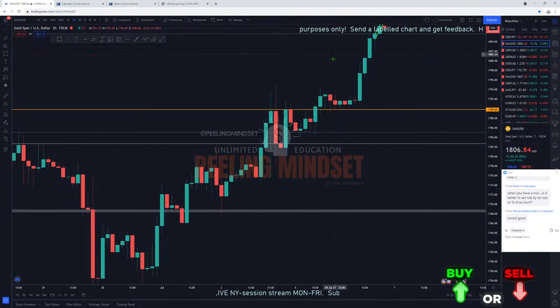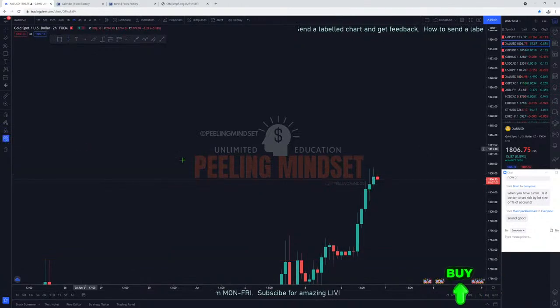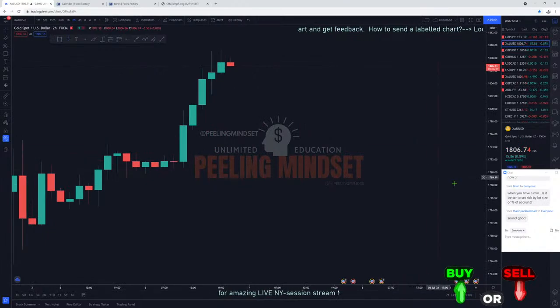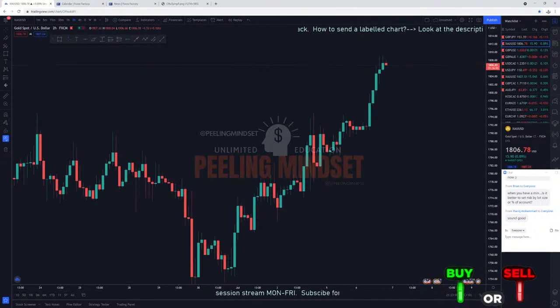All right, now if you look into the 2-hour candles one more time, this is quite interesting, right? The way gold has been moving up on a 2-hour time frame, which is a consistent time frame, by the way. Price has been moving up, making these steps, making these supports, making support, making support, making support.